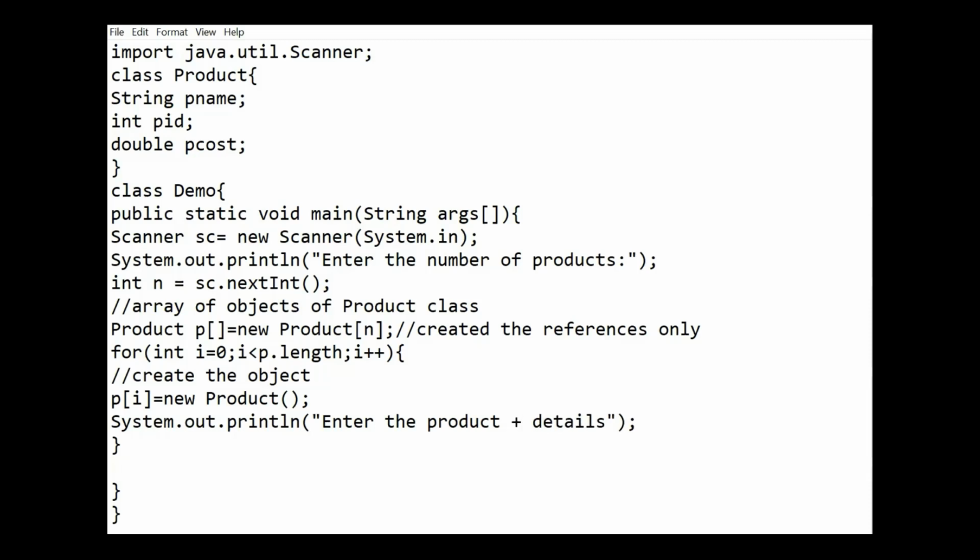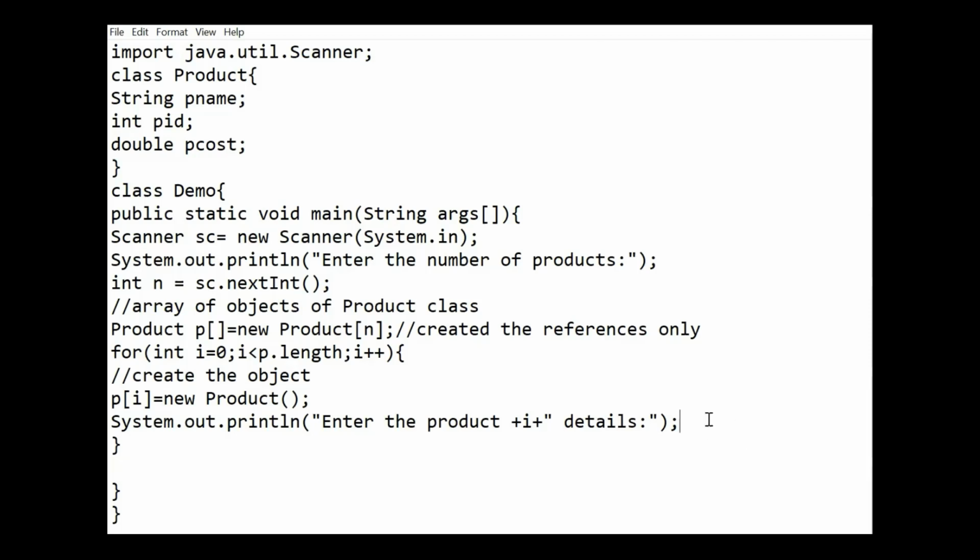You can be specific over here. So then i and plus, and then I'm giving a double quote over here. So I'll be getting enter the product details. First one is P of 0, right? So product 0 details, then 1 and 2 and so on. You can also put another variable over here, like for example, I'm saying x is equal to 1, and then you can take x over here and then increment it. That is also possible.